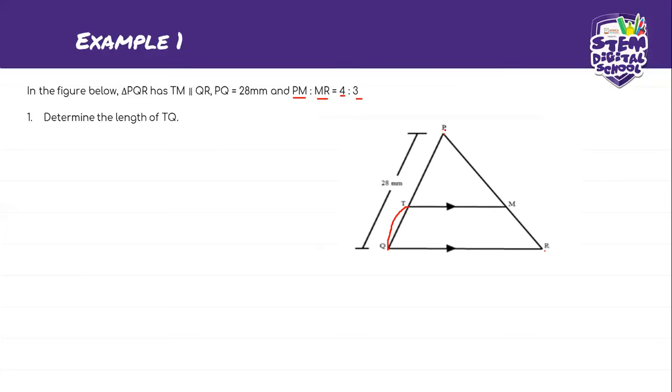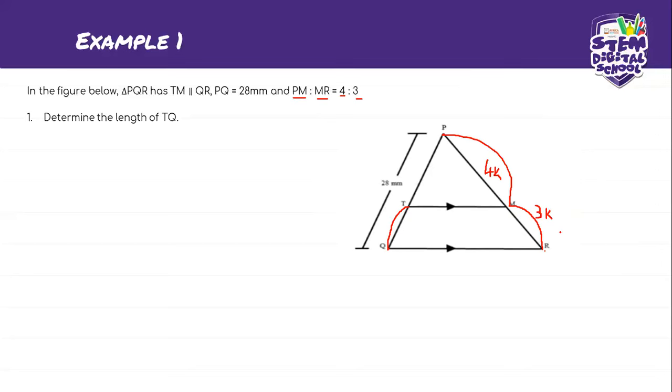So at this side we're having 4. Let me just put it as 4K to show that 4 is not a distance. And then MR is 3. Let me put 3 there. It's 3K, to show that it's not a distance.